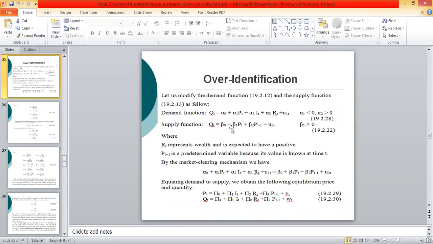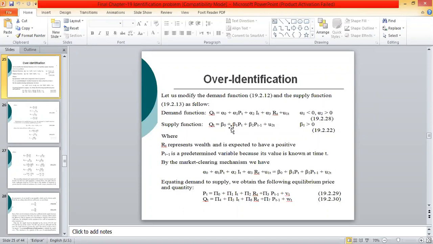K minus k equals 2 and m minus 1 equals 1, so 2 is greater than 1. It means the number of predetermined variables excluded from the supply function is greater than the number of endogenous variables in the supply function less 1. So the supply function is over-identified.